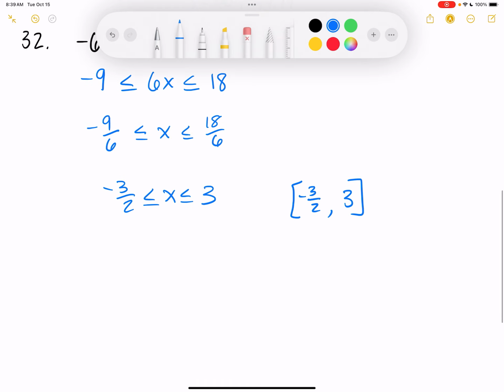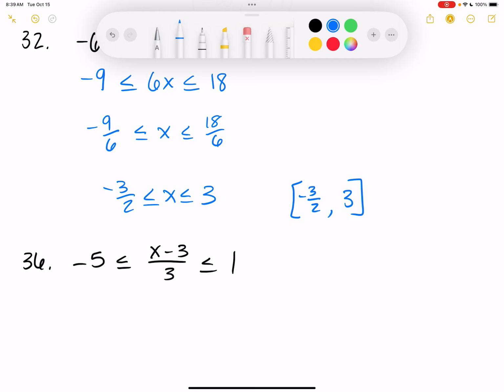Let's see, 36. Negative 5 is less than or equal to x minus 3 over 3, less than or equal to 1. With one like this, I have to start out by multiplying by 3 on everything.